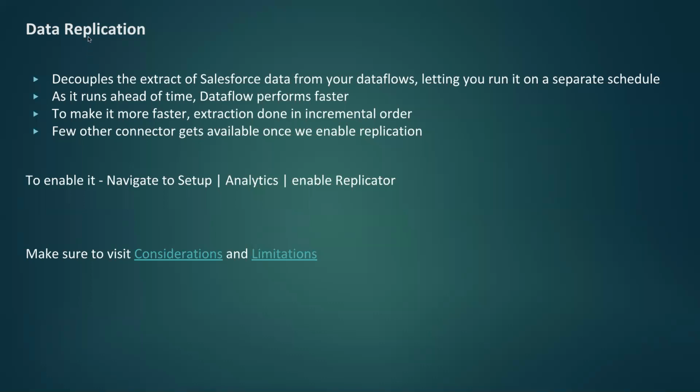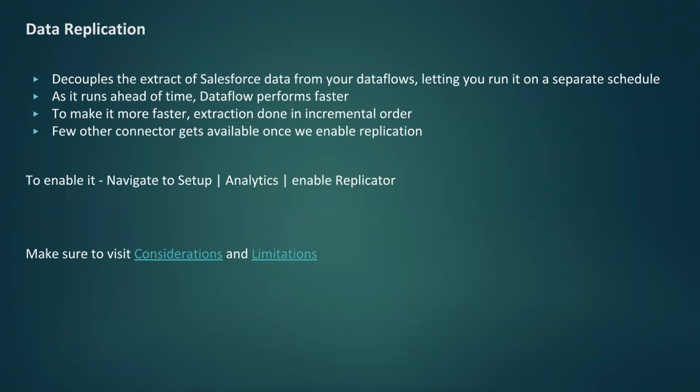Advantages. Once you enable the data replication, and data replication is only applicable for the data inside Salesforce, there is a concept of data flow. The database of Salesforce is completely different from the database and data storage of Einstein Analytics.